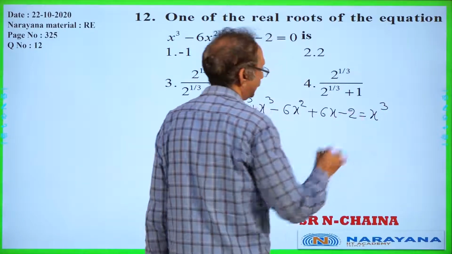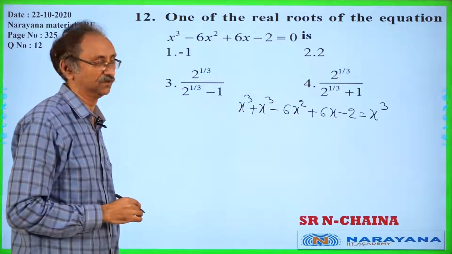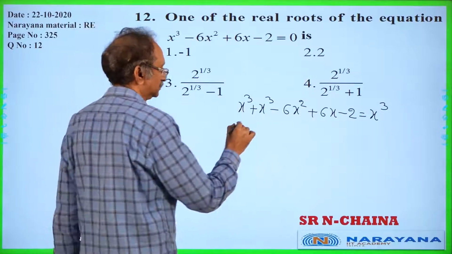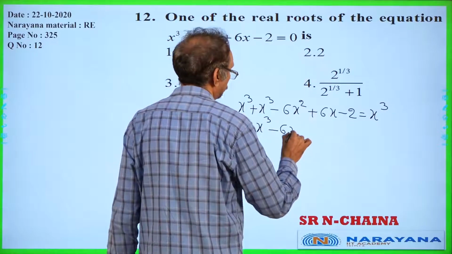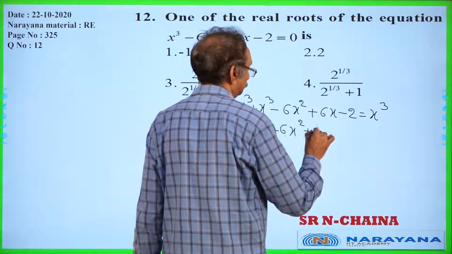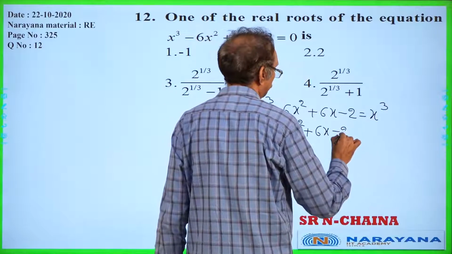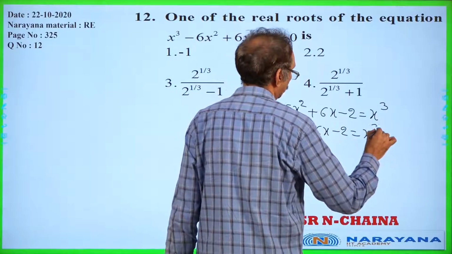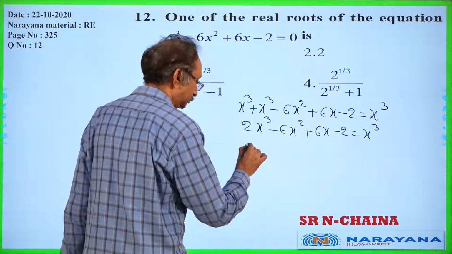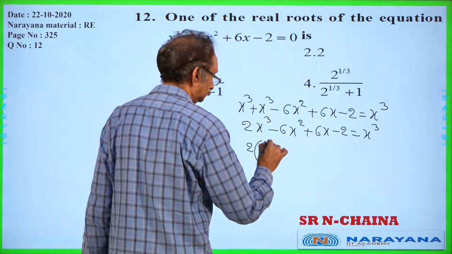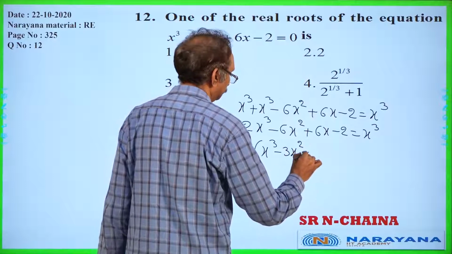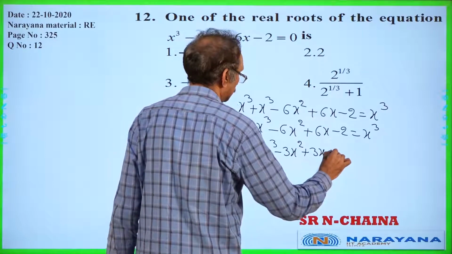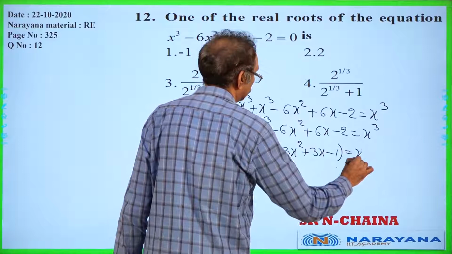So if I add x cube to both sides of the equation, then you will get like this. So this becomes 2x cube minus 6x square plus 6x minus 2 is equal to x cube. And take 2 common, x cube minus 3x square plus 3x minus 1 is equal to x cube.